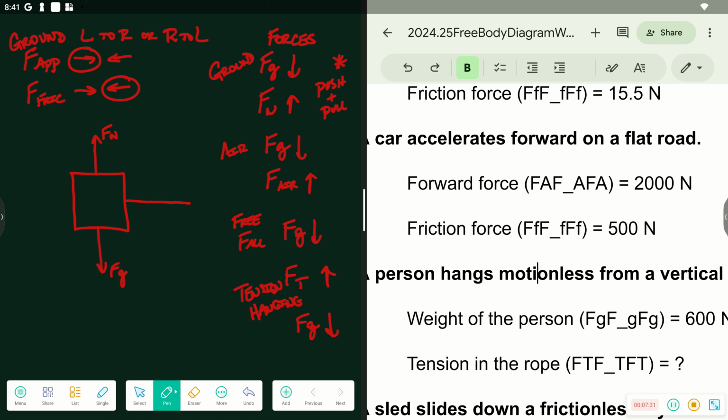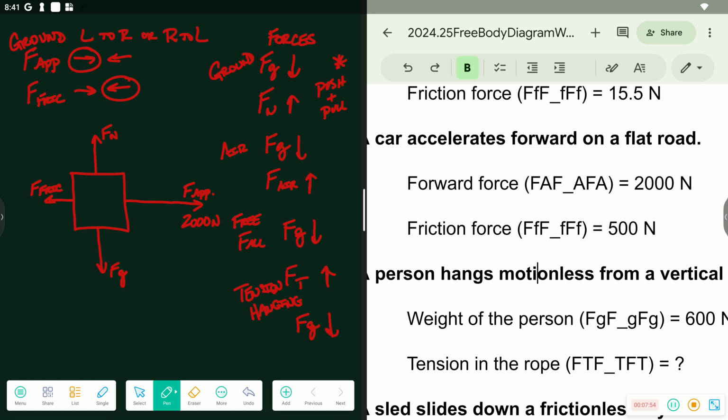So this would be your force applied, which is 2,000 newtons. Okay? So if something's moving to the right, what has to be going against it, moving to the left, when it's on the ground or on a flat road? It's got to be the force of friction, okay?